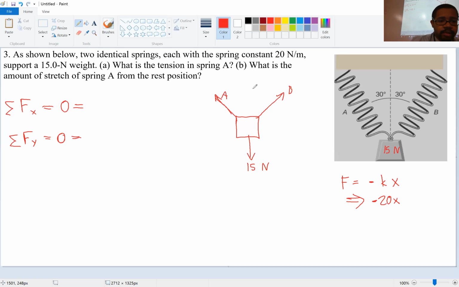As it happens, one of these will be able to say that spring A is equal to spring B, but I just want to go through the whole process. So here we got 30, right? Here we got 30. So then the component of this, let's see what I want to call this.